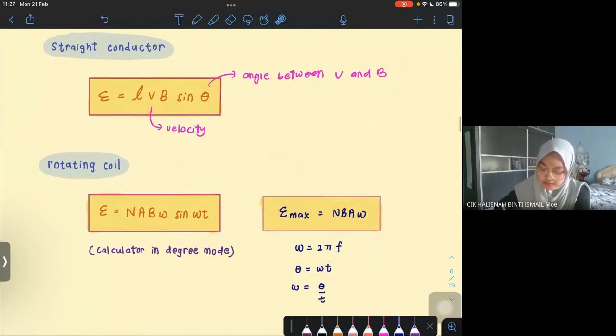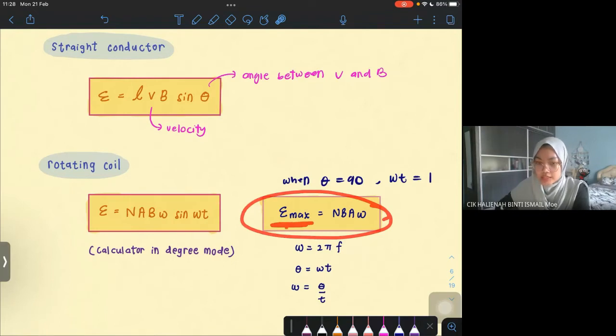So we can produce maximum EMF, okay, when sin theta is equal to 1, ataupun apabila angle is equal to 90 degrees, since sin 90 adalah sama dengan 1. That's when we can produce the maximum EMF.